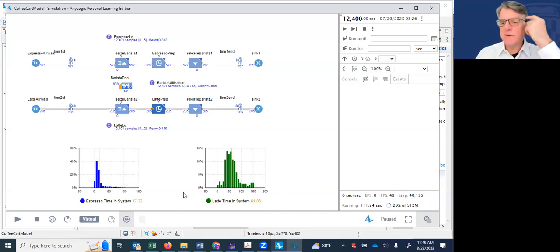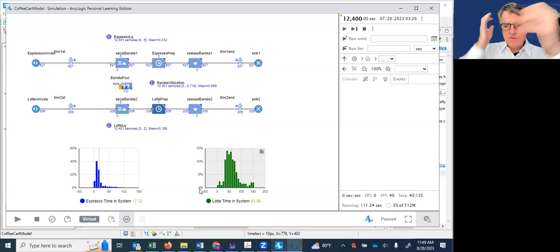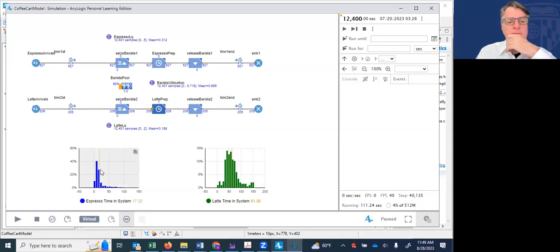And the wait times, for the latte folks, they're going to stick around for a minute total, even getting their service. But remember, their service takes 50 seconds, so the waiting time in the line is very, very short. And these guys get 10 seconds of service, so they're only waiting in the line for about 7 seconds on average before the barista starts on their beverage. And these folks are busy 2/3 of the time.